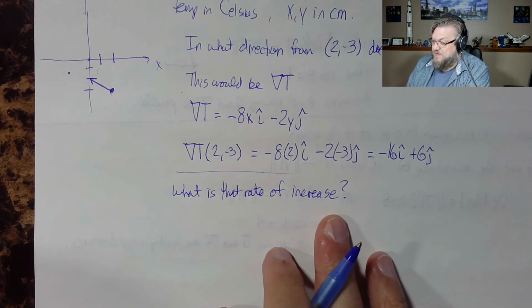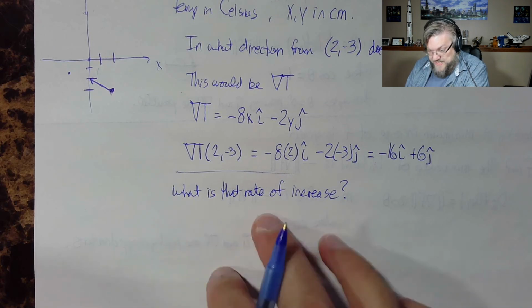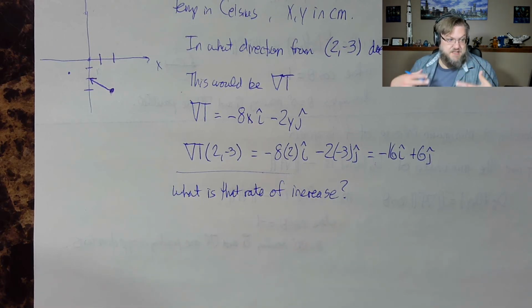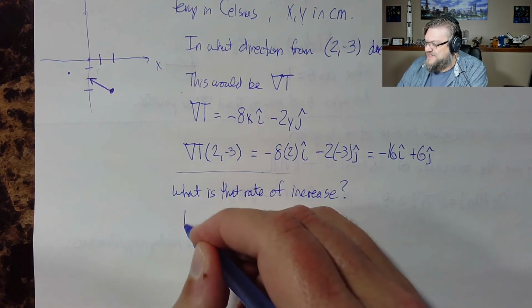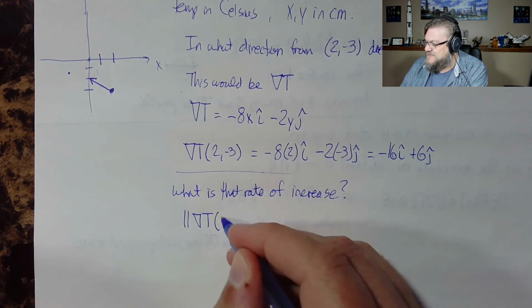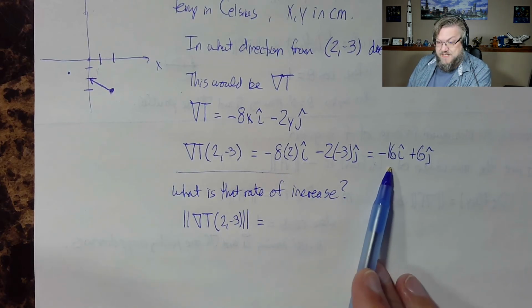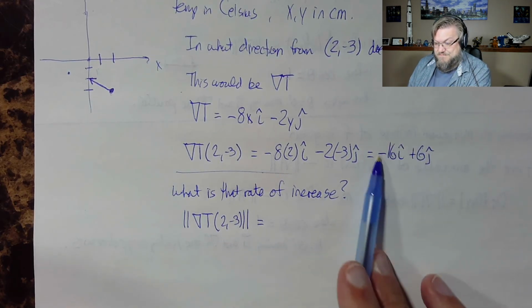This is literally just asking what is the magnitude of the gradient, right? Because the rate of maximum increase is just the magnitude of the gradient. So this is asking me for the magnitude of the gradient of T at (2, -3). In other words, what's the magnitude of this vector here?